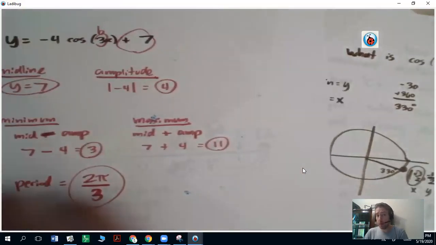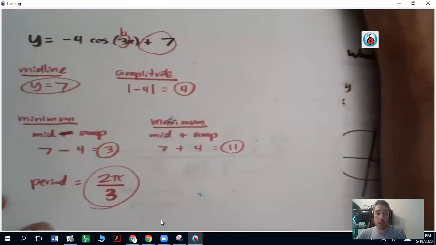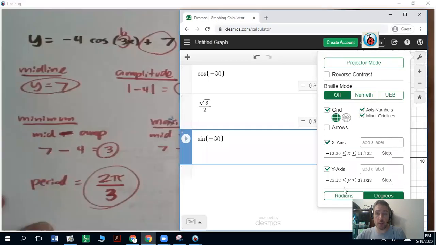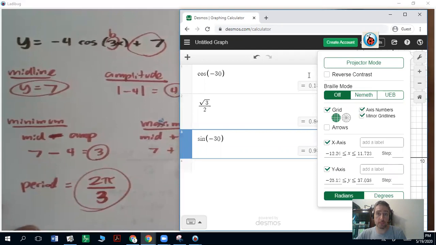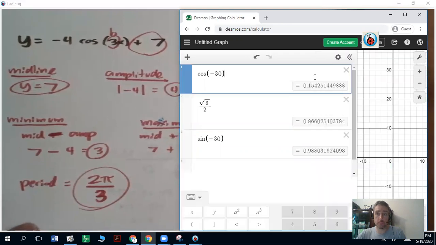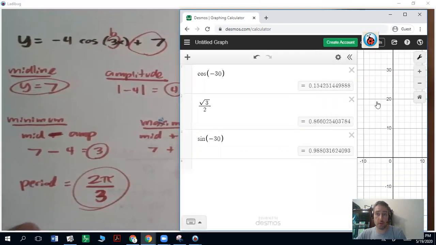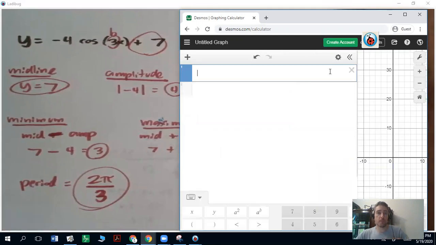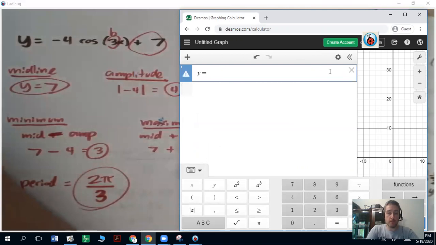We can verify that with a graph. So what we'd want to do when we're graphing this is we want to be in radian mode for the graph. So make sure your mode is set to radians, not degree. Type in your equation.